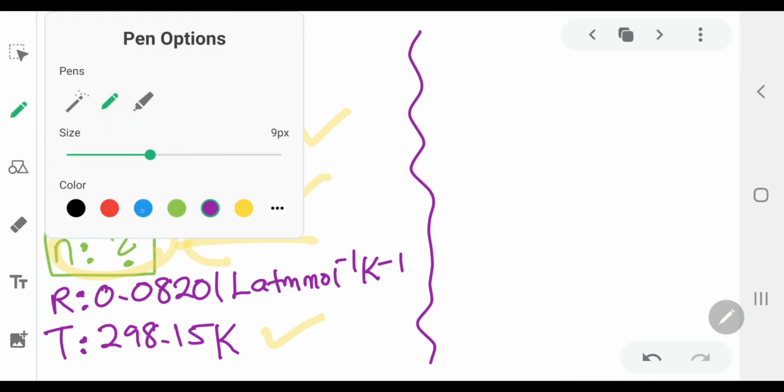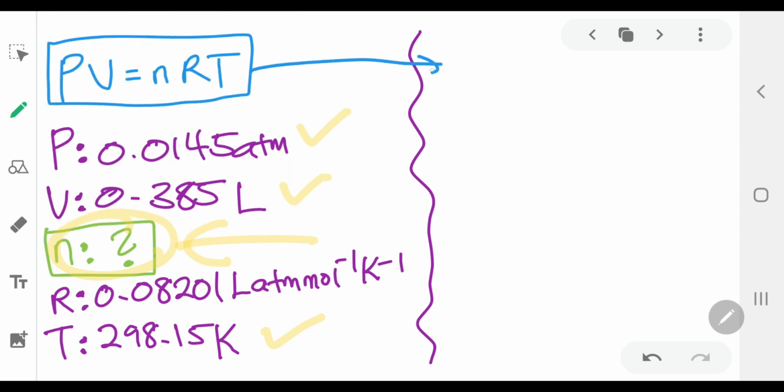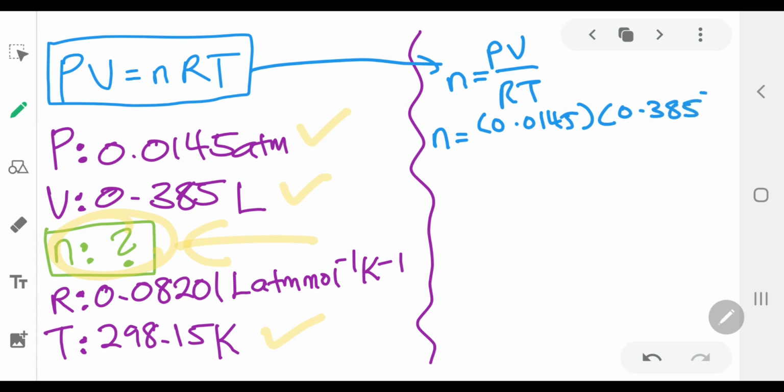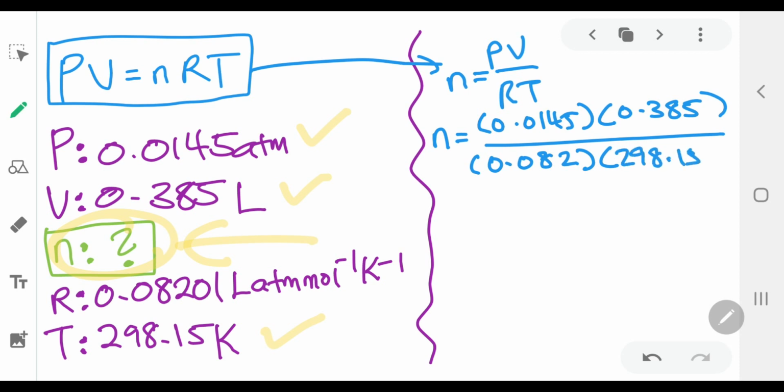So again, when you rearrange this, you get n equals PV over RT. We want to find n. So you get 0.0145 times 0.385, that is the volume, over 0.0821 times 298.15.